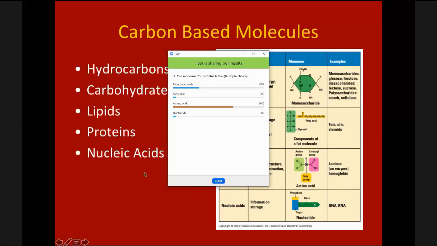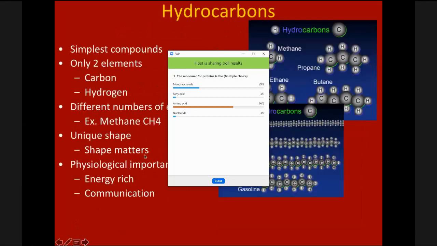Okay. So nucleic acids, we're going to spend a lot of time talking about in Unit 2. So I'm going to give you just the basics for nucleic acids, and then we'll come back to them next unit, starting next week. All righty. So reminder, hydrocarbons, right? The least complex of our organic molecules, made up of only carbon and hydrogen. We said they're very important for energy sources, for communication, and as the building blocks for building some of our other organic molecules.